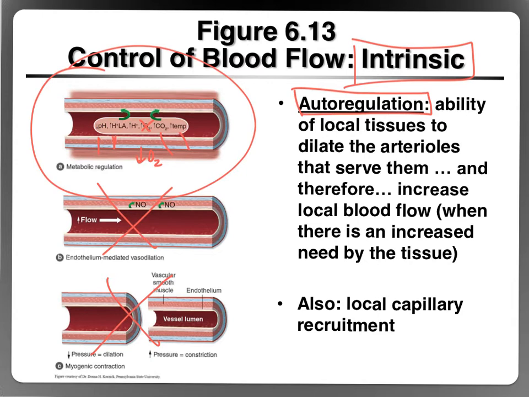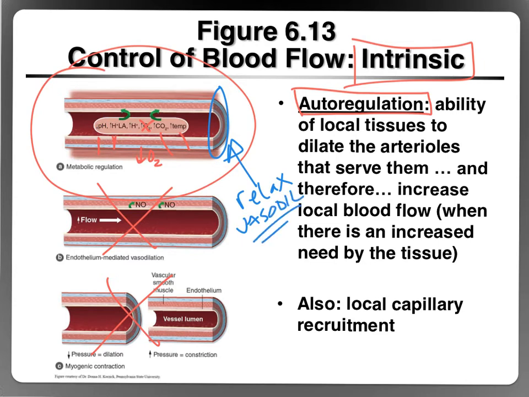The effector, in this case, is the arterial smooth muscle. The effector is going to receive an intrinsic response, and that response is going to tell that smooth muscle to relax and vasodilate.